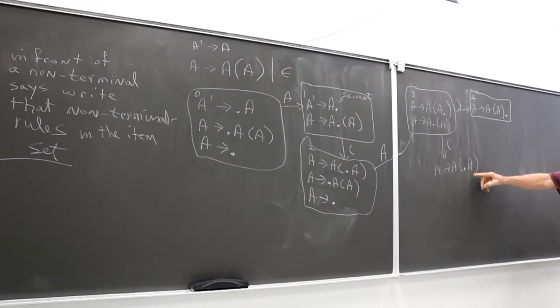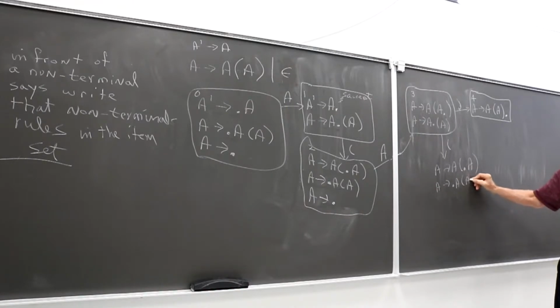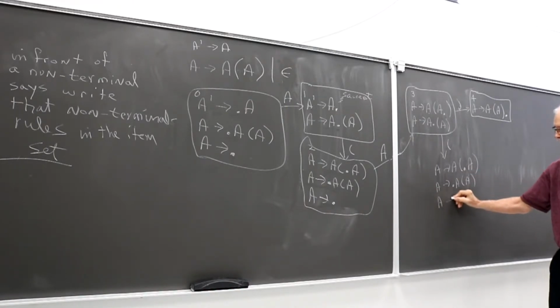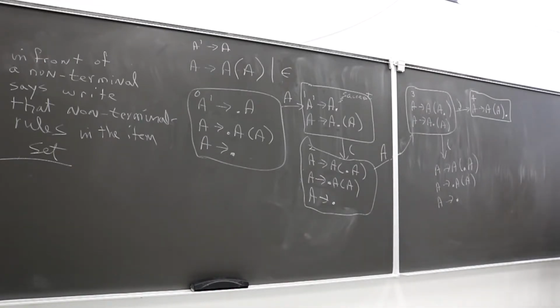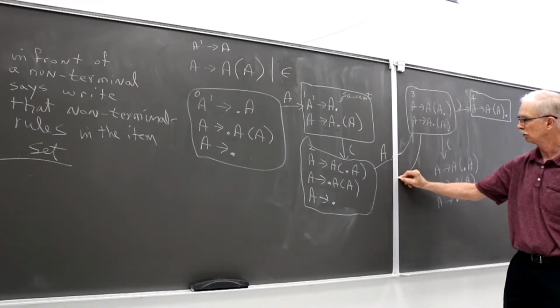Now what? Write A's rules. Got to do the closure or finish off A's rules. So A goes to period A paren, and A goes to period. Now it's the same as item set 2, and so that looks like item set 2. We do these things in chalk or pencil.